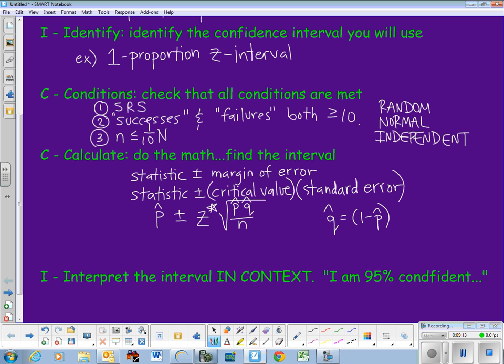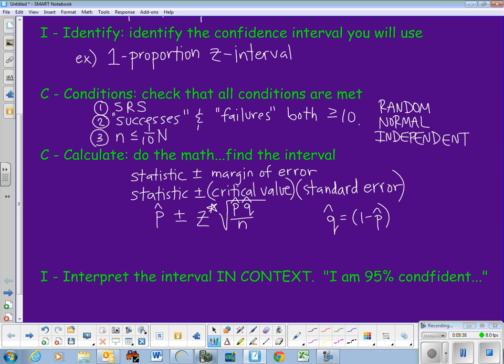Remember, we don't know P anymore. The question is not going to say, assume the true value is blank %, and we just trust that. Now, the only number we really know is p hat, the percentage of our actual sample that said yes or fit into a certain category. So we have to use p hat and q hat in our margin of error for the standard error.